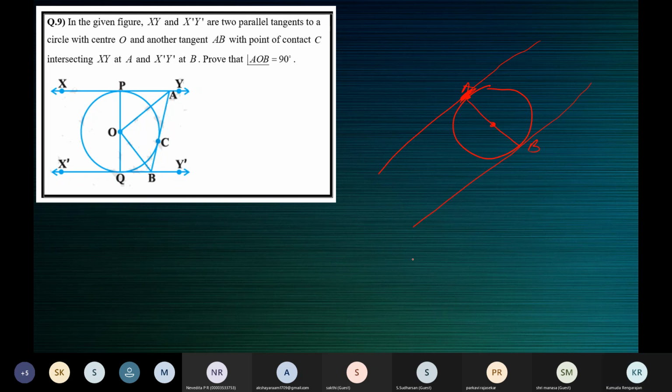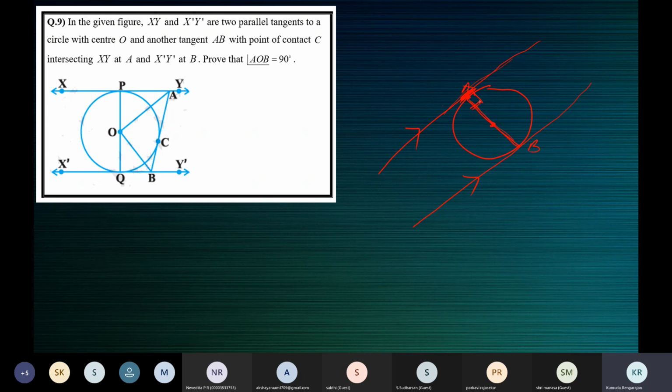Okay. Since we know that AB is the diameter, the tangent through A and the tangent through B will be parallel to each other. Because this is 90 degrees, this is the tangent, and this is the diameter. That means this is the radius.